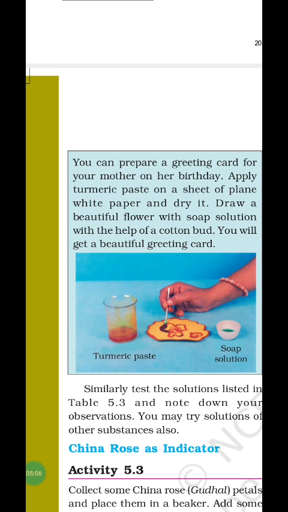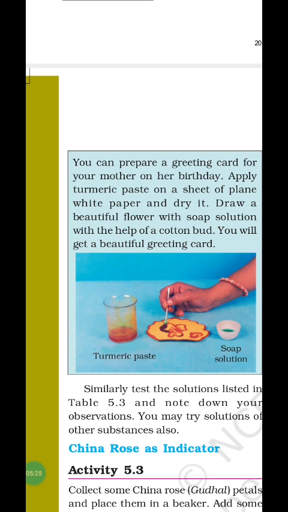So turmeric, shoe flower, litmus paper, they all indicate the presence of an acid or a base. We can do such experiments in our home. Nowadays we are free in our home.